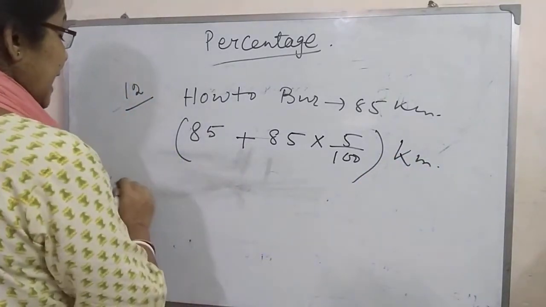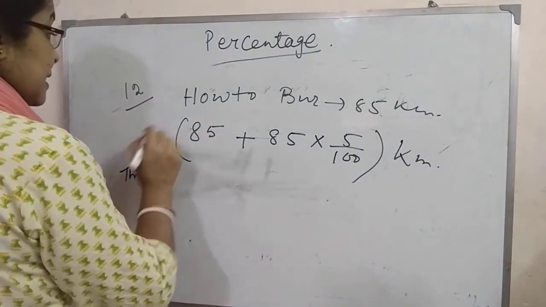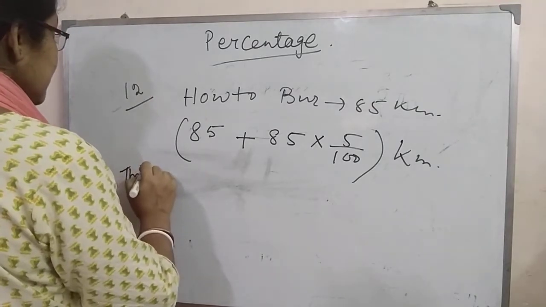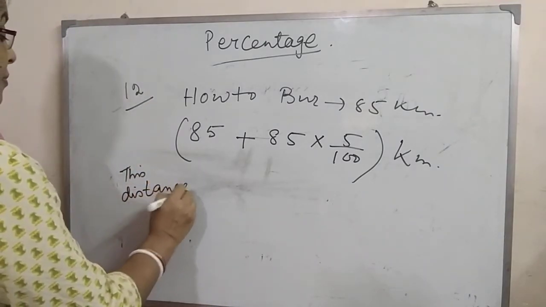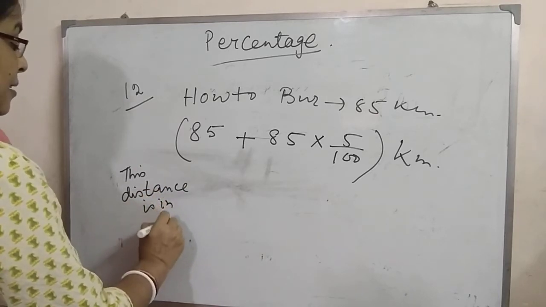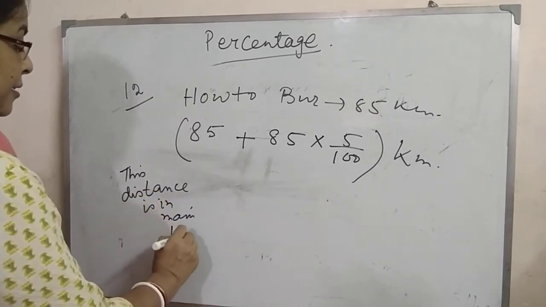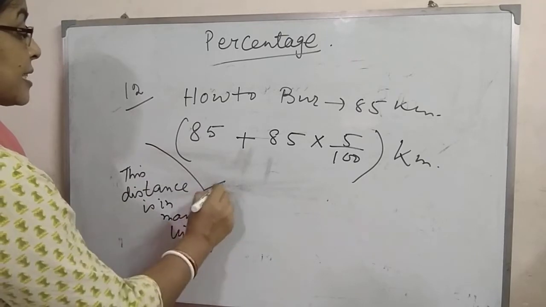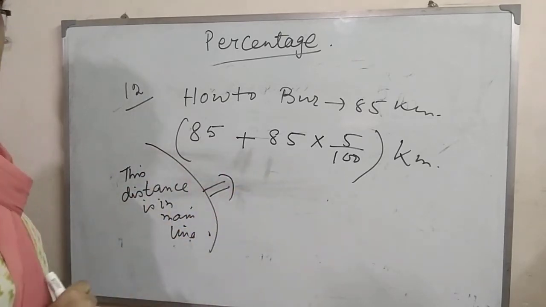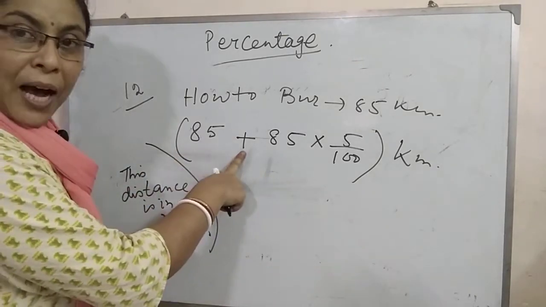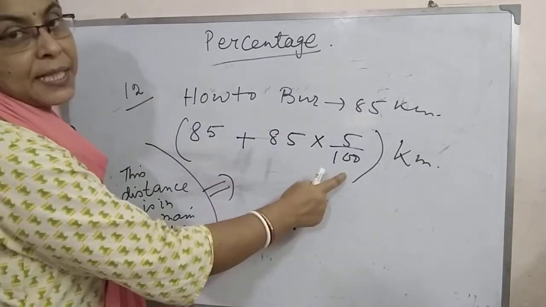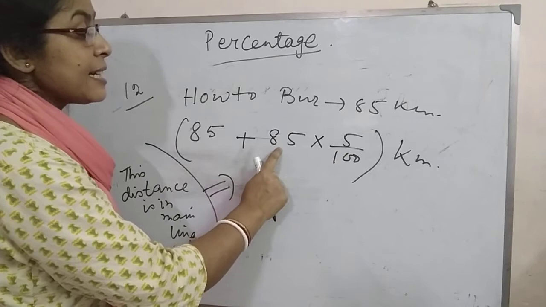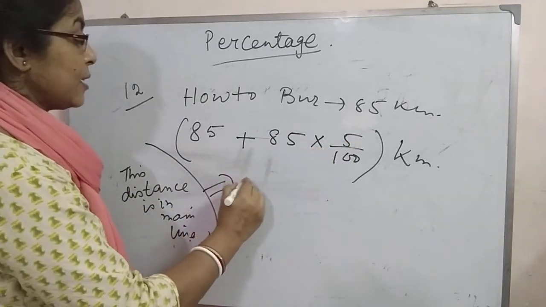This distance is in main line. 85 plus 5% more of 85, that is 85 into 5 by 100.